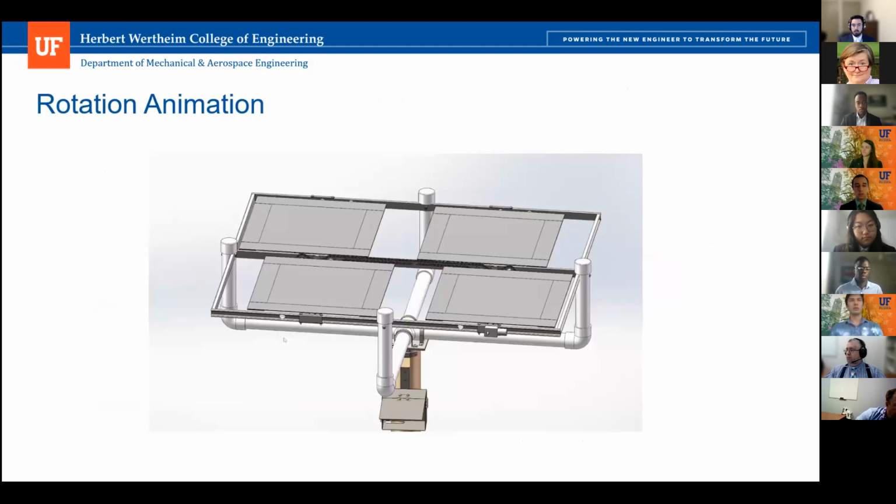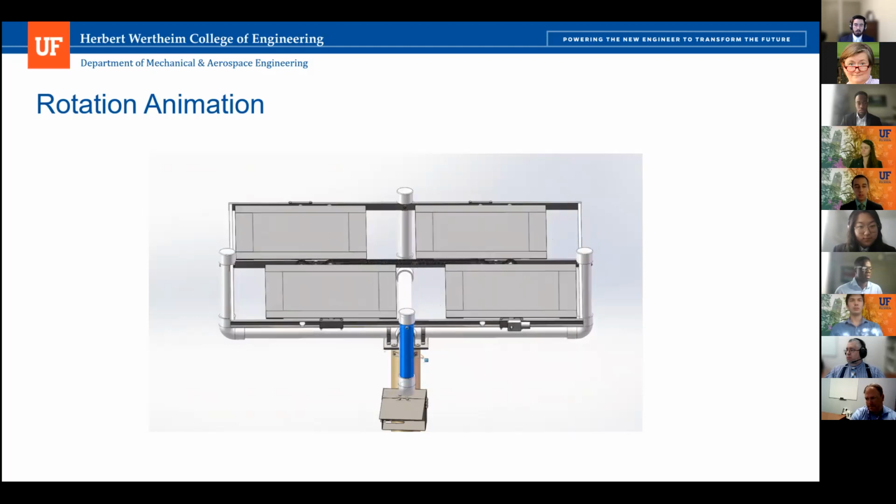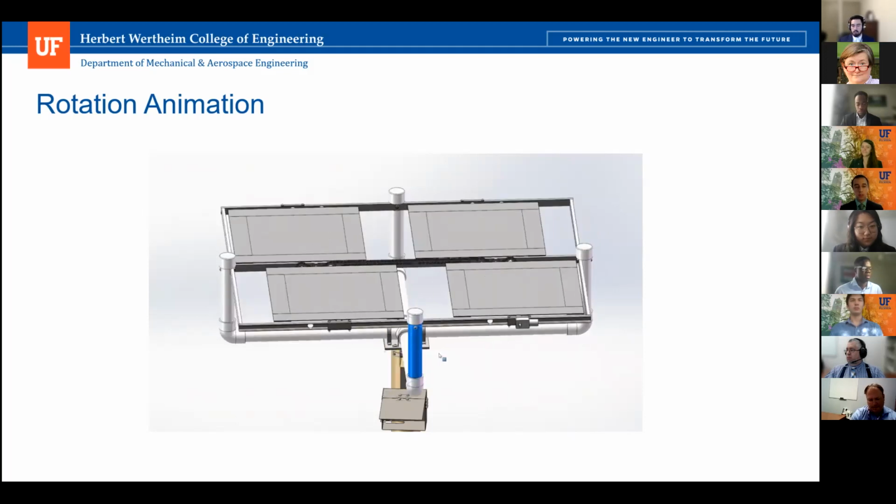So here is a quick animation of the actual rotation of our module. As you can see, the azimuth rotation, that base plate rotates 360 degrees freely.